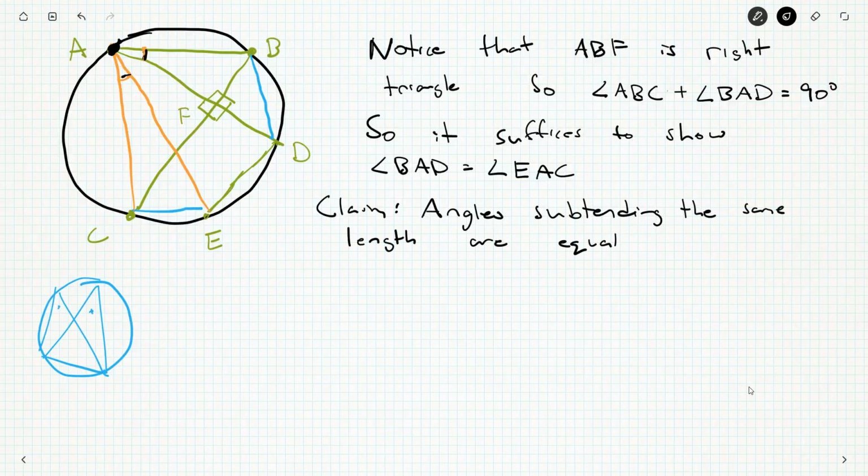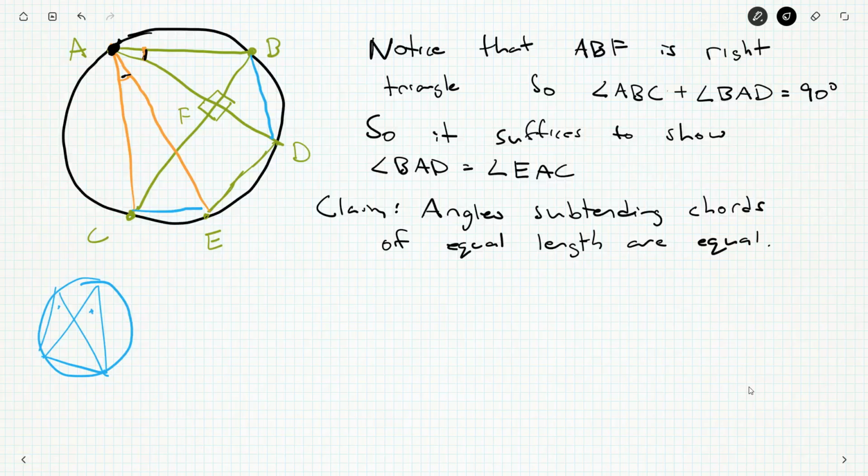Now it certainly works if that length happens to coincide, like it's both the same chord. Maybe we should rephrase this. Angles subtending chords of equal length are equal. So this is my statement.